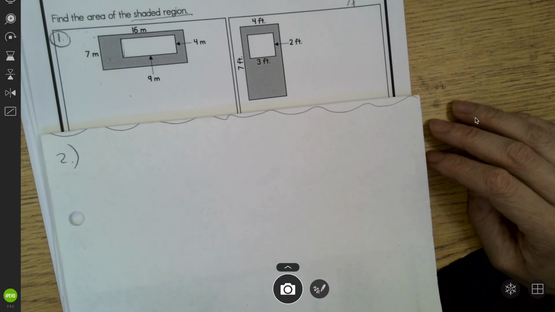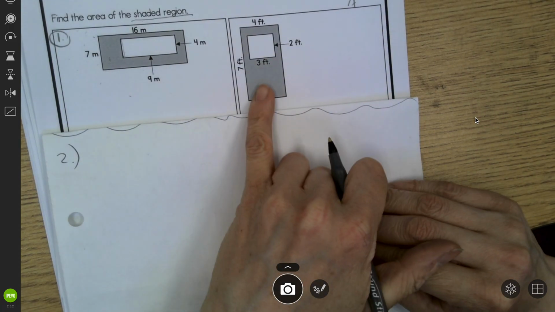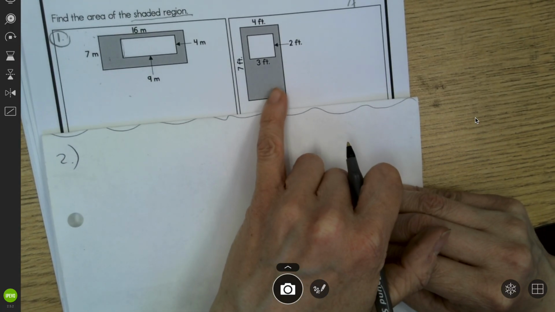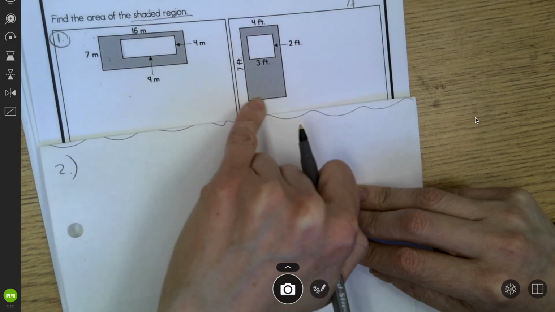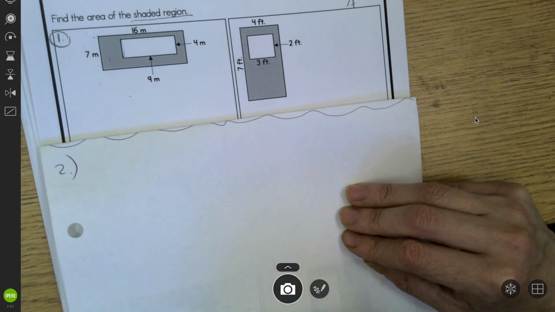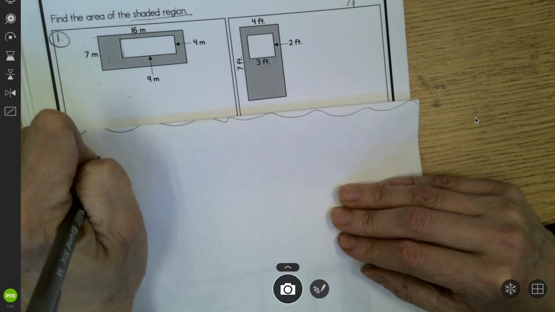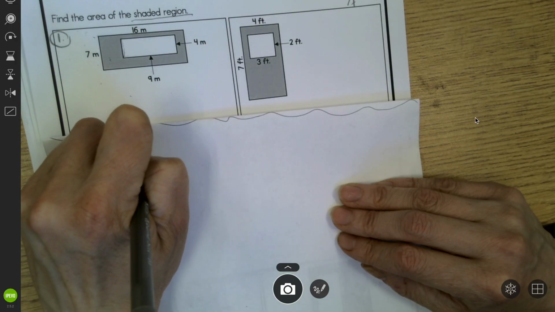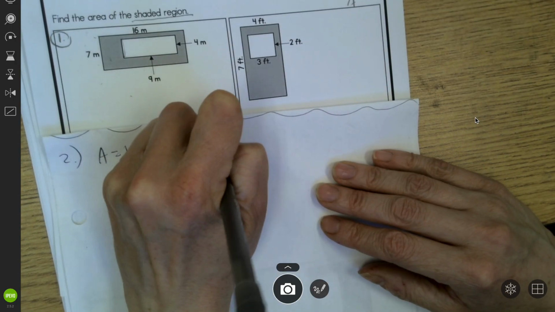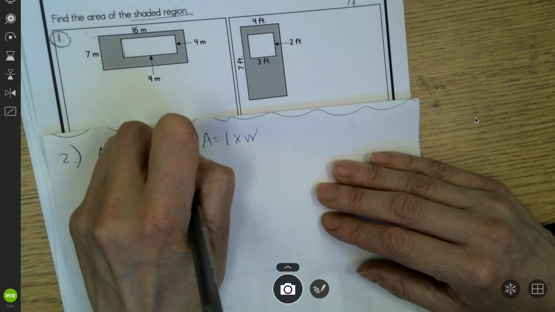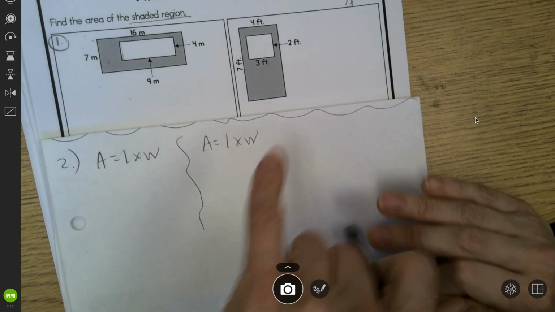Okay, so looking at my rectangle, I'm going to solve for this big one and the smaller rectangle. So I'm going to set up area equals length times width 2 times. Draw a little line.